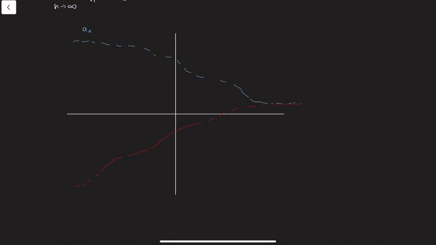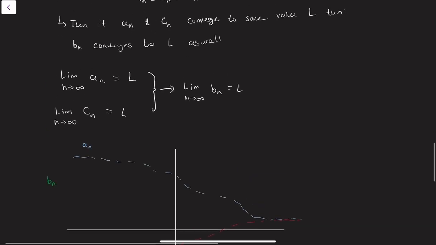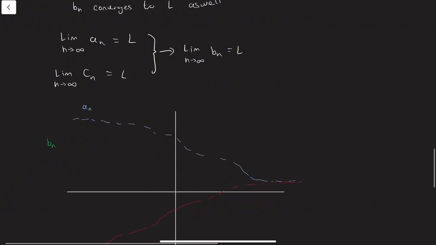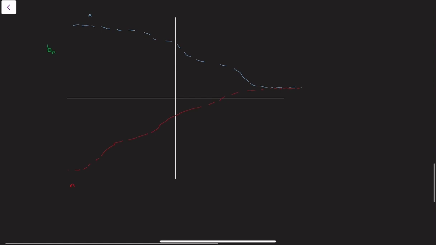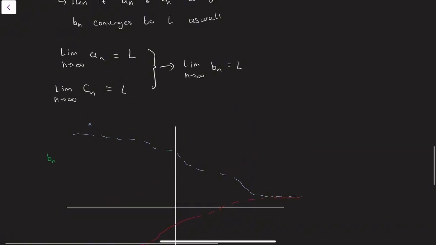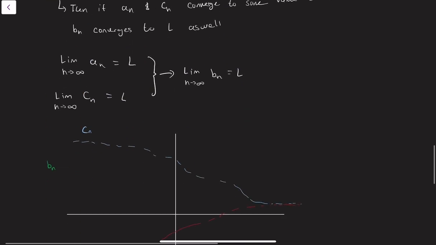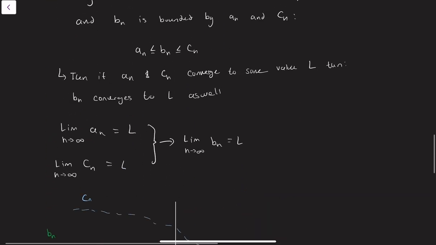Then b_n, we'll mark it by green. b_n, recall, we said is bounded between a_n and c_n. I guess I should switch up the notation here. Let's call this c_n and a_n, we'll switch it for consistency's sake, because we said that b_n will be bigger than a_n and less than c_n.